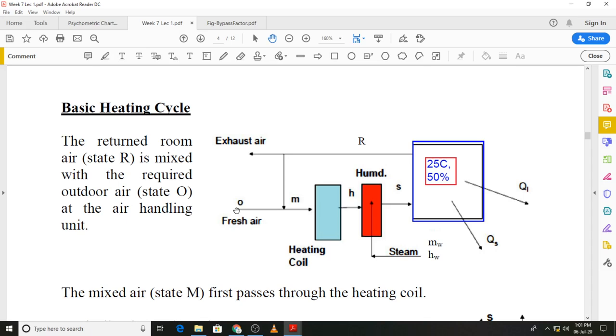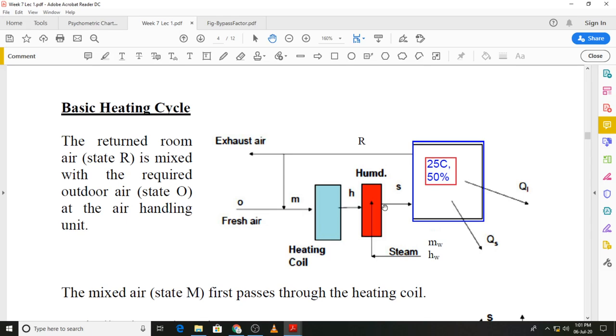Then you start from 10 degrees C and take it all the way up to, let's say, 35 degrees C. Then that air is cooled to 25 in the space, and then you exhaust that. Now it is much better to recirculate that air which is at 25 degrees C and then heat it to 35 degrees C. That very much reduces your energy consumption, and that is much more energy efficient.